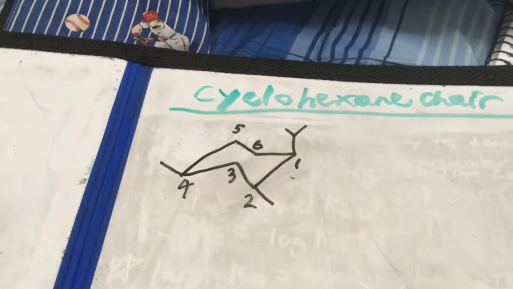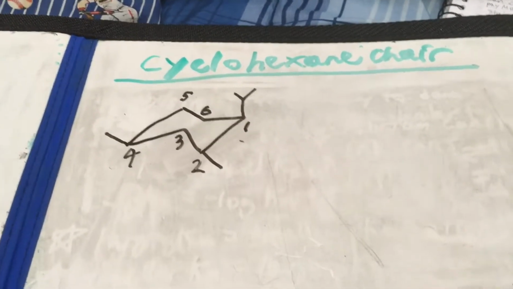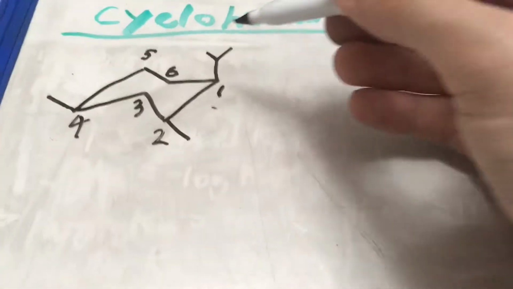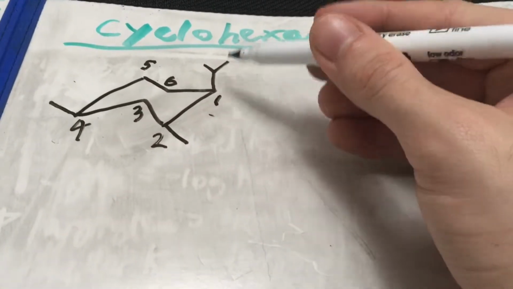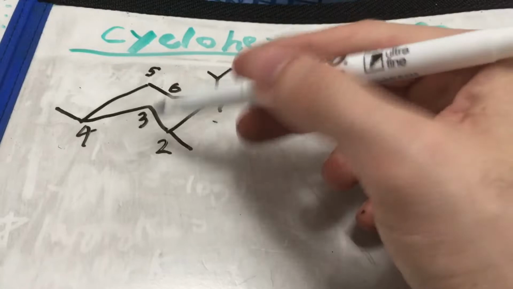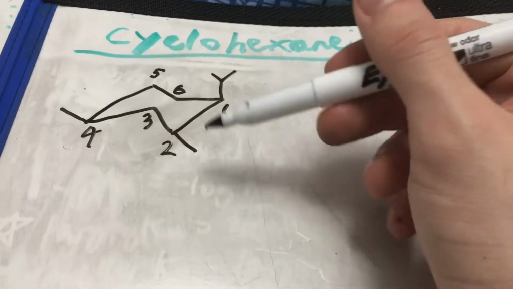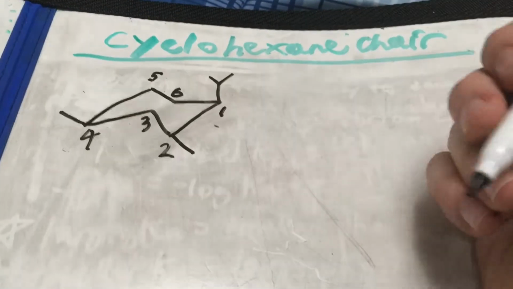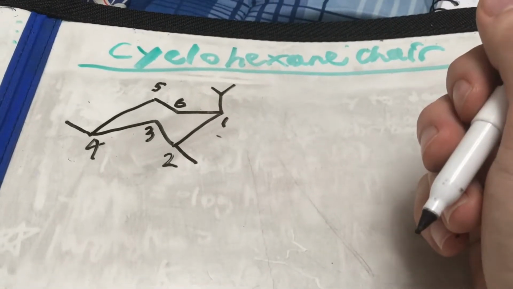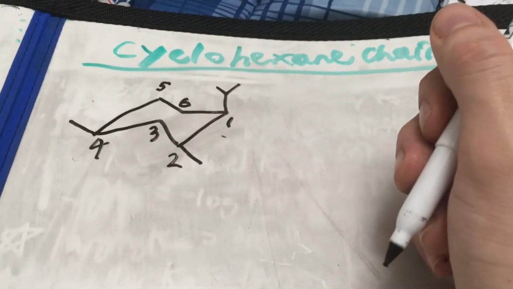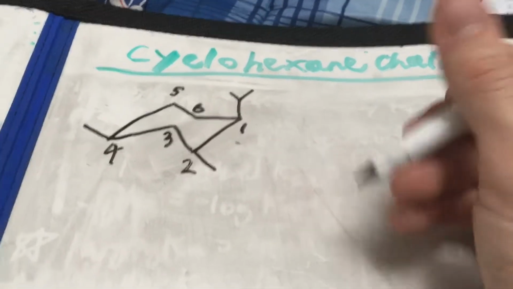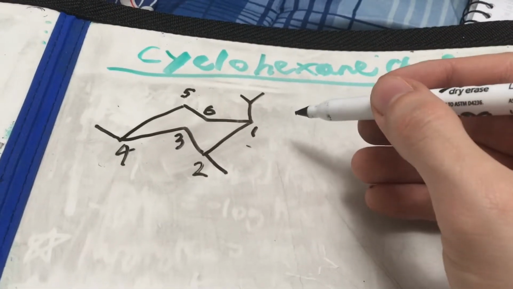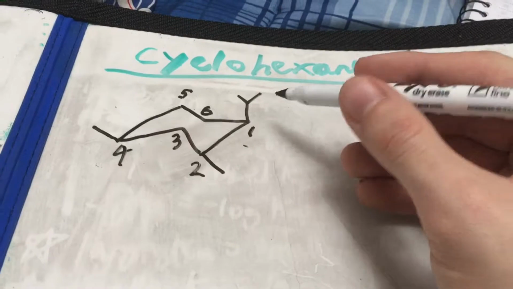So another thing that you should keep in mind is that this one is just kind of like a branch. This is a branch, this is a branch. This is methyl, and this one is isopropyl. That's isopropyl, right? Yeah, I think so. 1-methyl ethyl. So, all right.